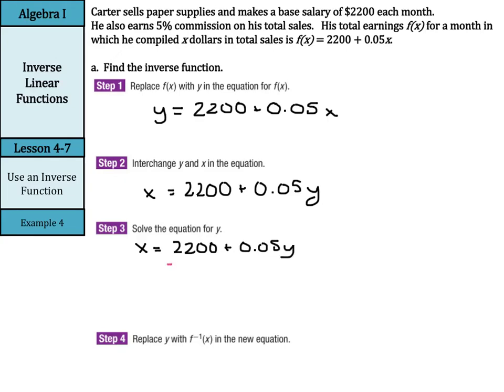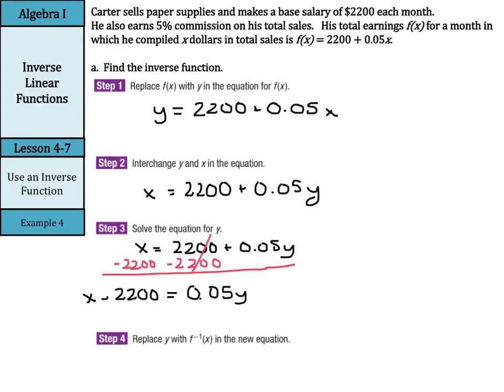So we can start by subtracting that 2,200 from both sides. Cancels. We're left with x minus 2,200 equals 0.05y, or 5/100ths y. Now we get to divide everything by 0.05. And we'll move up here for our solution. Now, it's pretty neat.